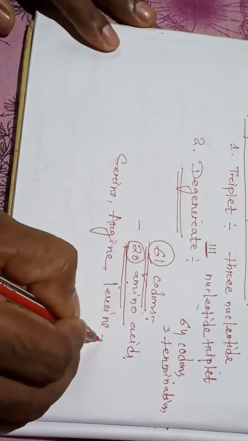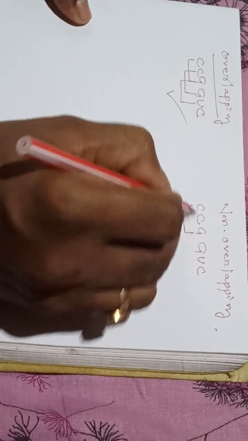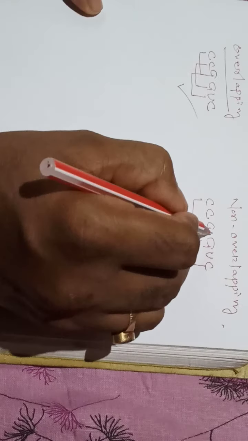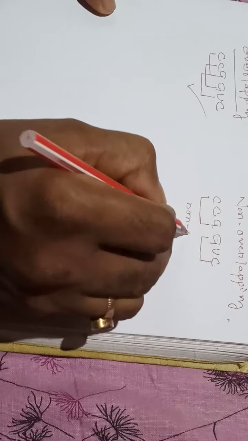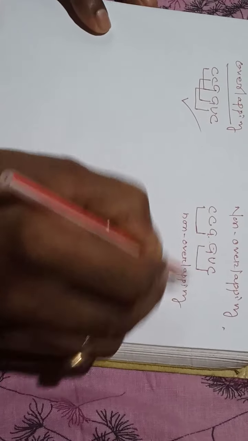But if we take CCG, and after CCG comes GUC, here no single base overlaps, so that is non-overlapping. The genetic code is non-overlapping.